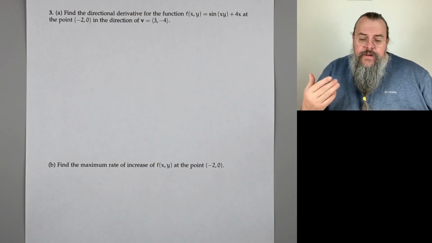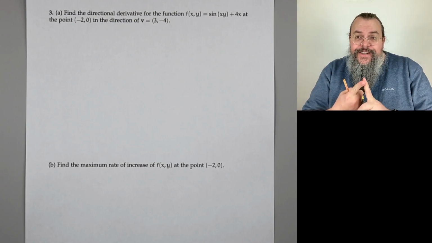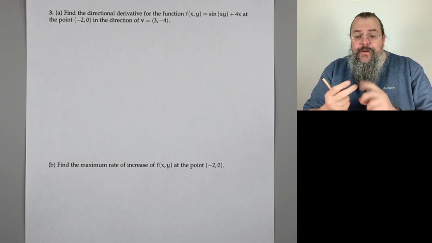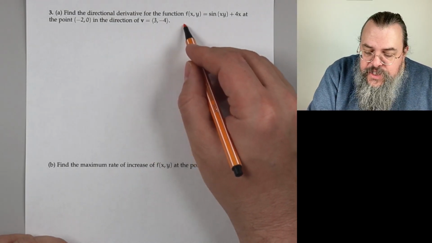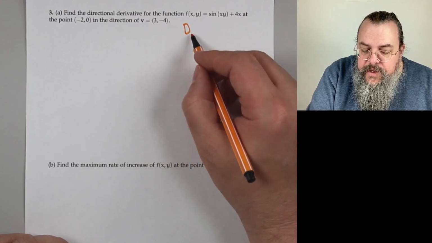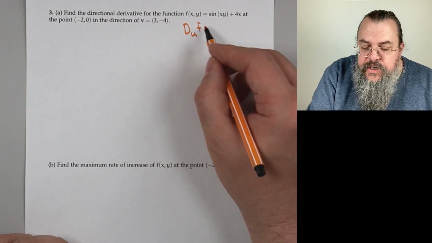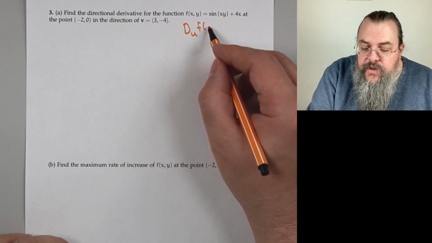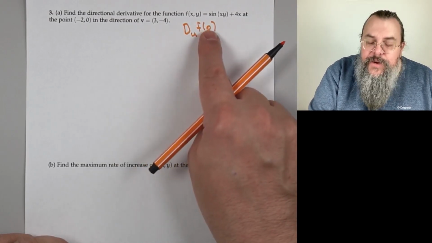Now, when we're talking about directional derivative, there's a couple of things. We need to have a direction, and of course we need to have the gradient. Because in general, we would say the directional derivative, which we usually write with a capital D for derivative, in the direction of a vector u, of a function f at a point P. What's the function?